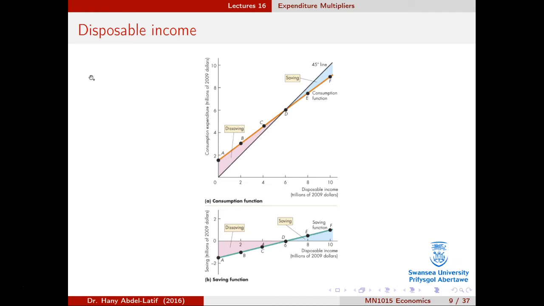That also means that your propensity to consume is 80% or 0.8, meaning that you spent 80% of the increase in your income on consumption. In economic terms, that's the marginal propensity to consume.